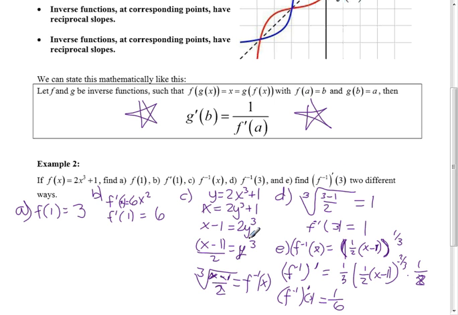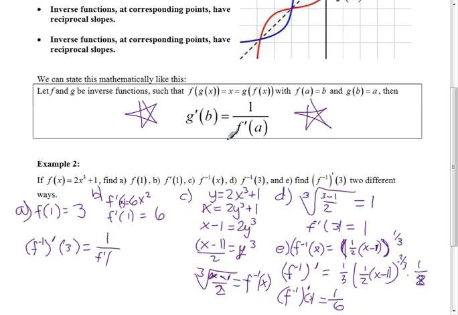The other way to do it is to recognize that the derivative of the inverse is going to be the reciprocal of the derivative of the function at the opposite value, not 3, sorry.